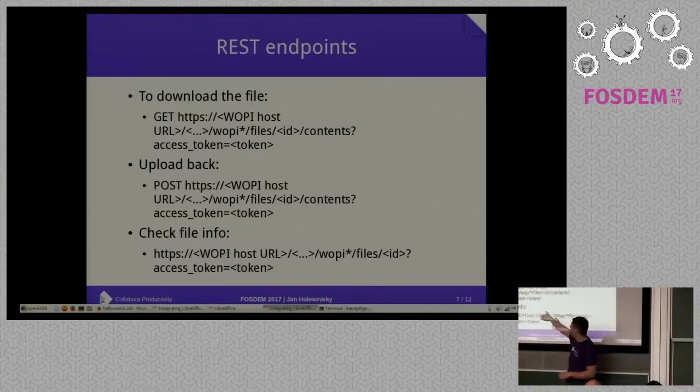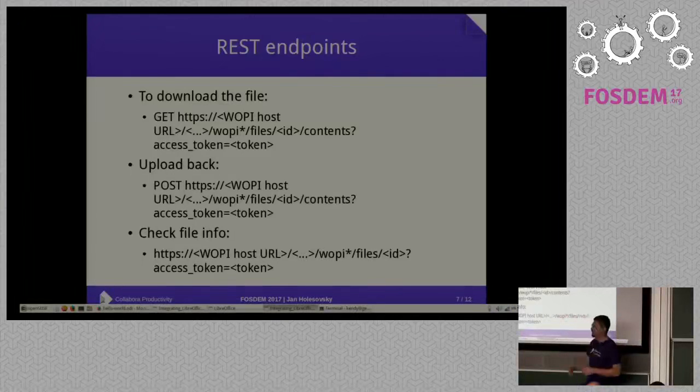Uploading back is very similar to that: again some path, contents, access token, again an important part of that. Check file info is one additional thing that you actually have to provide, because we are talking about files as IDs. There's no way to know, for example, the name of the actual file.